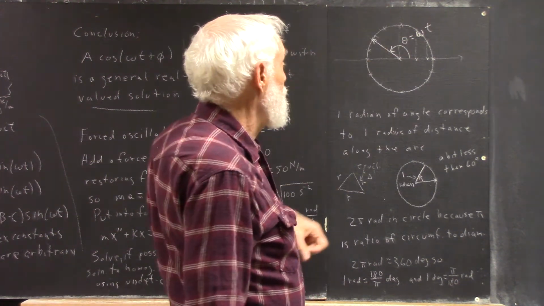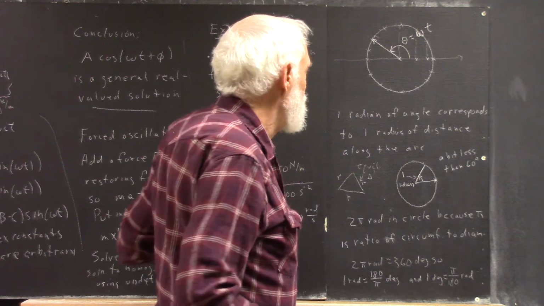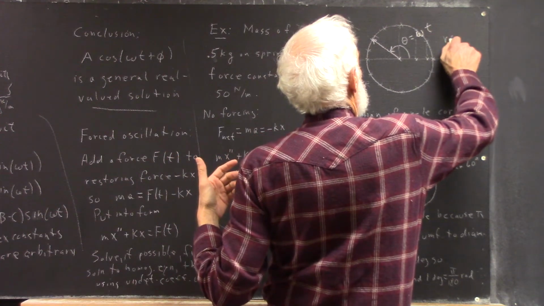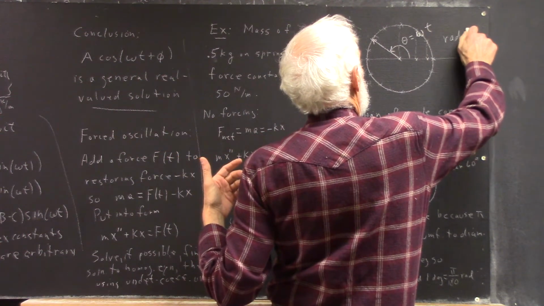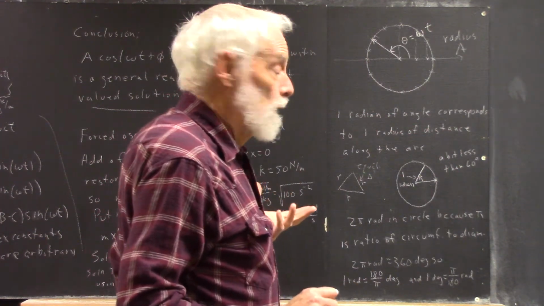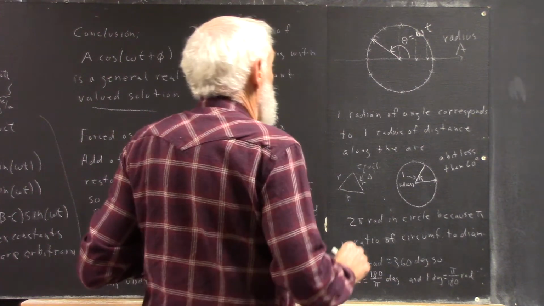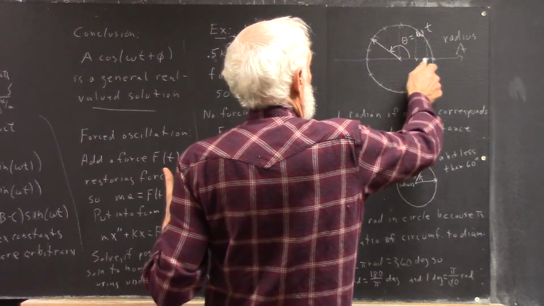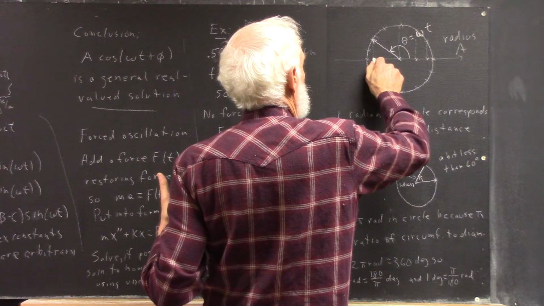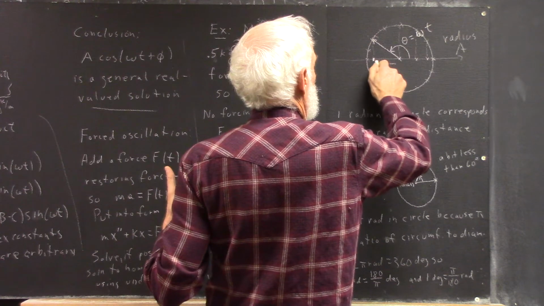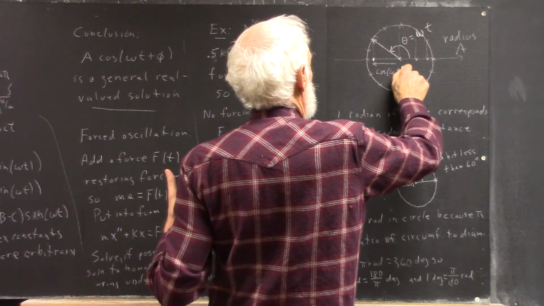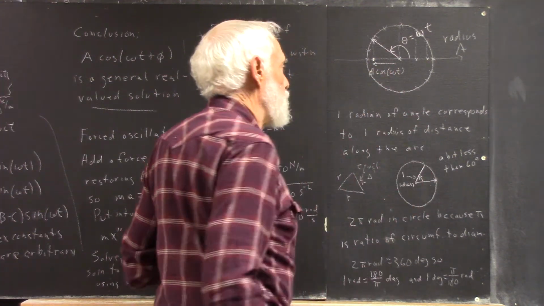So theta equals omega t. Well, the circular model tells you that if the radius of this circle is a, okay, radius circle's a, then when theta equals omega t, this is the cosine, well, a times the cosine of omega t.